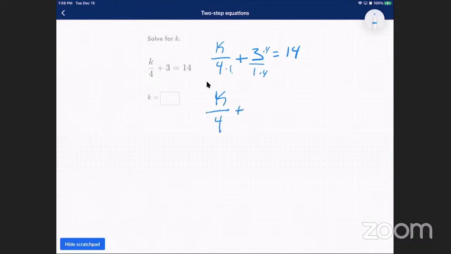So that would leave us with 3 times 4, that's 12 equals 14. And then you have k plus 12, and then that also will be equal to 14.